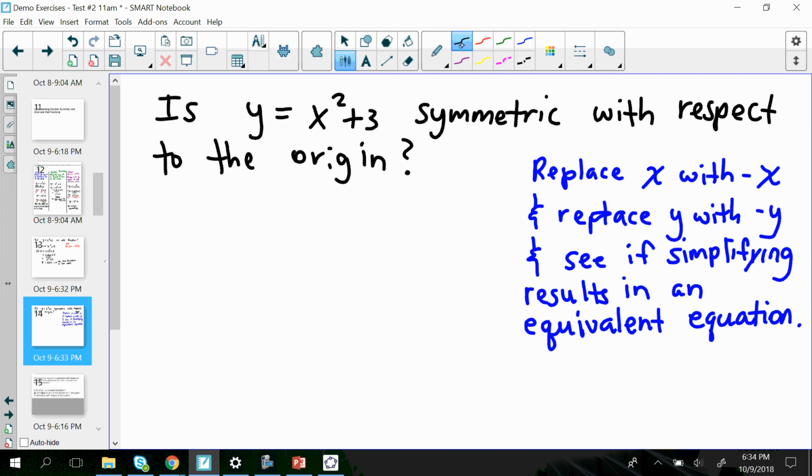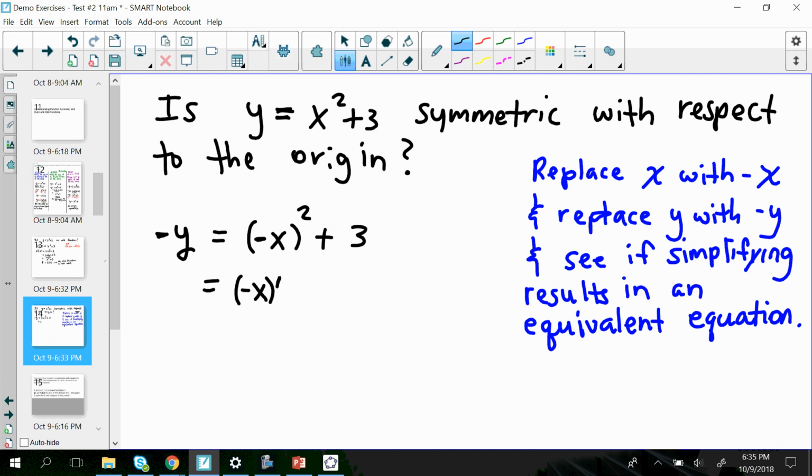So that's what we'll do. So we are not using f here because we're not thinking in terms of functions, we're thinking in terms of equations. And we'll start by taking our y and putting negative y instead, taking our x and putting negative x instead, and then we'll simplify.